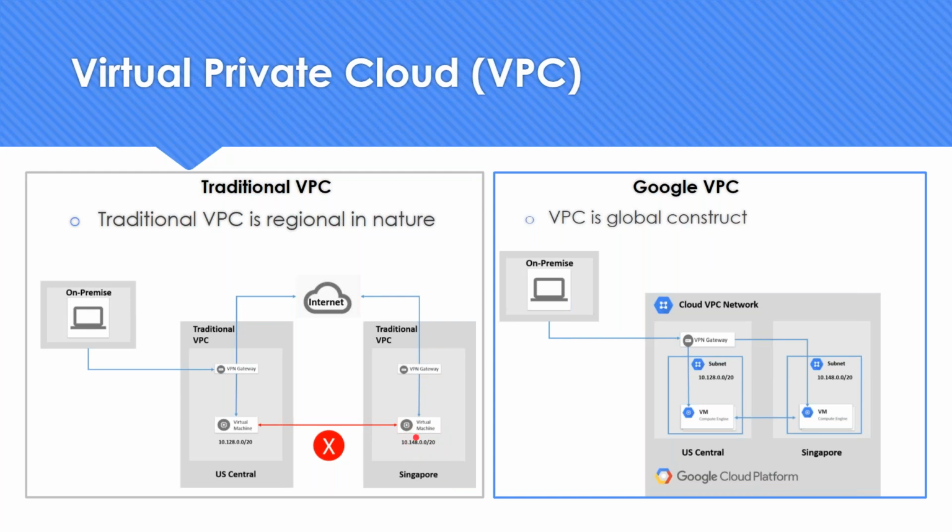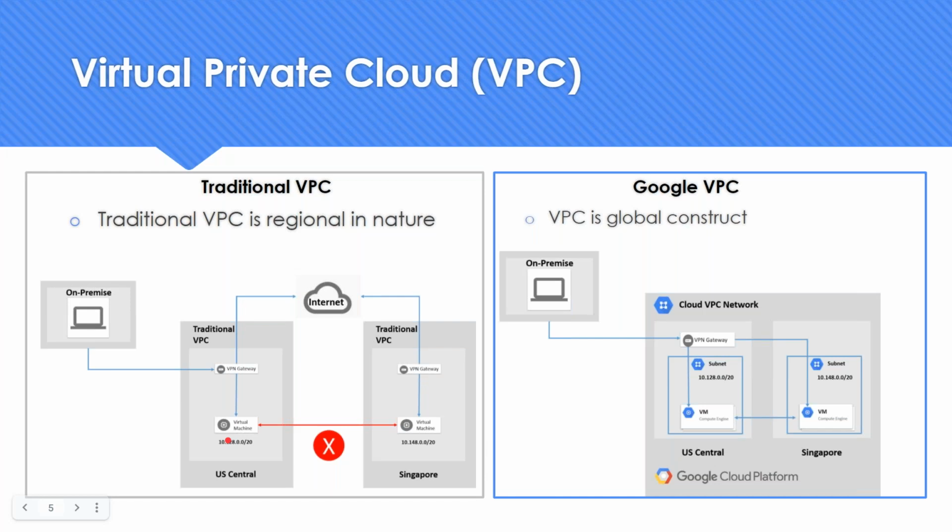Now there is a VM in Singapore, there's a VM in the US. If they were to interact with each other, there are two ways of interacting. Basically using the internet as the option, meaning they rely on a public IP address, or you need to have some kind of VPN setup. So this is how they do it, but they cannot interact with each other using the internal IP here.